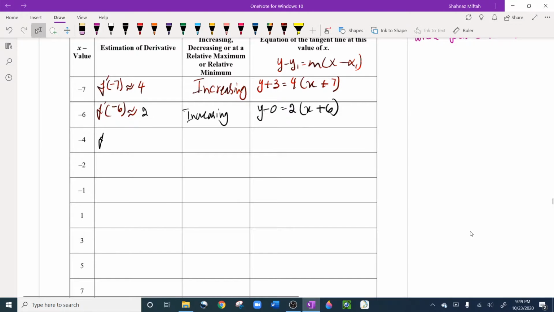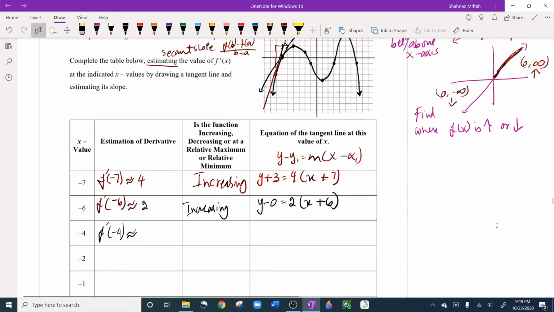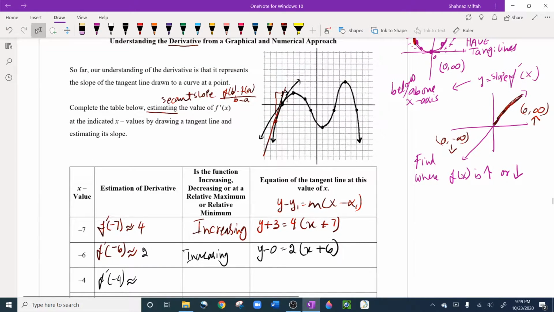Let's try f prime negative 4, approximation. And this is actually technically an approximation. If you have a ruler, you can draw the tangent line straight, and you can definitely find your rise and run. So here you go. We have negative 4. So 1, 2, 3, 4.